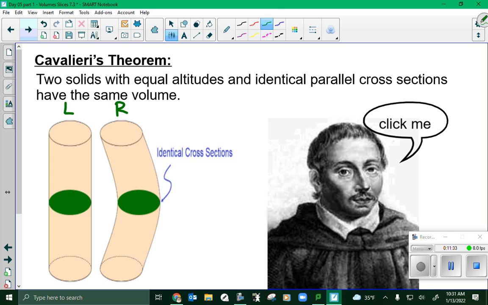Because they have the same altitude, the same height, and their parallel cross sections are identical at this height. It says identical cross section right here.